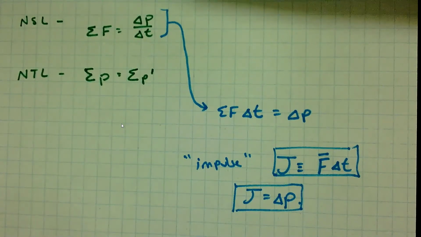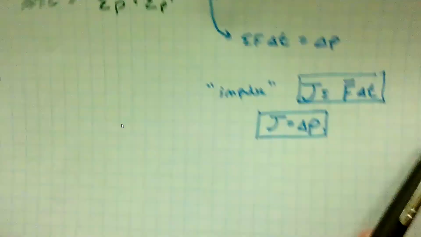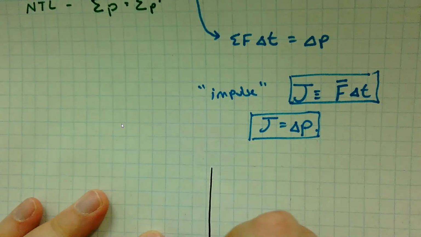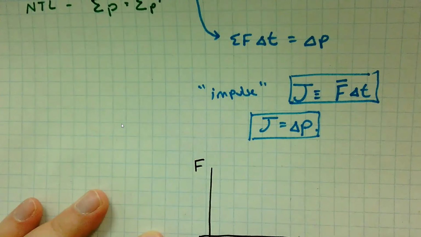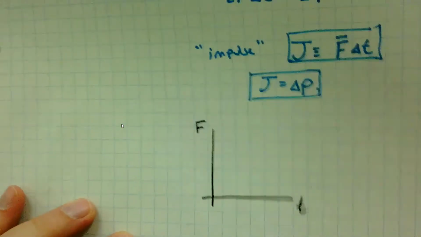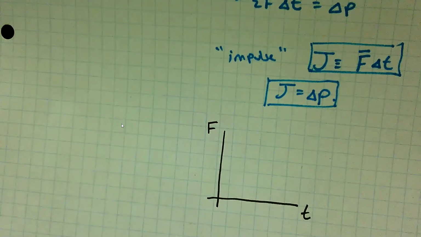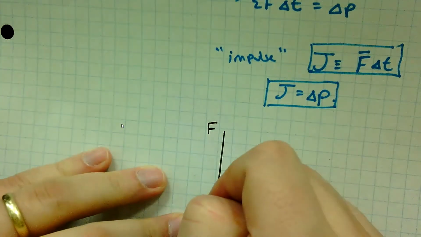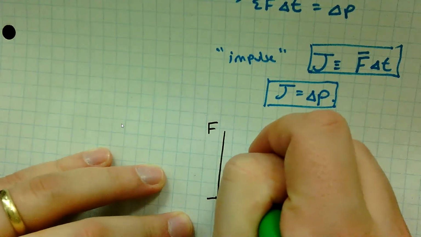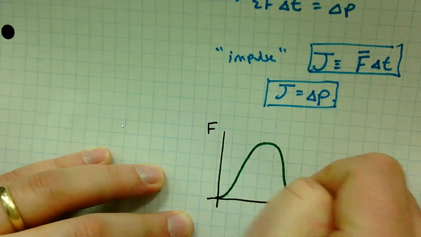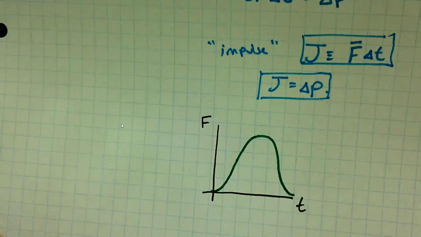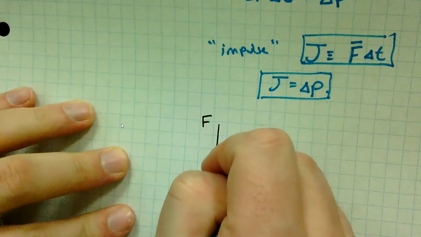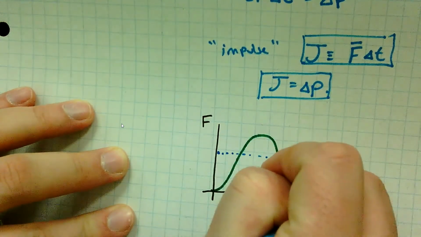Usually what happens is, if I were to graph the force over time, as the baseball hits the bat, the force would kind of increase, there'd be a peak in the force, and then it would decrease like this, right? So since the force is always changing, there's a certain average force here.